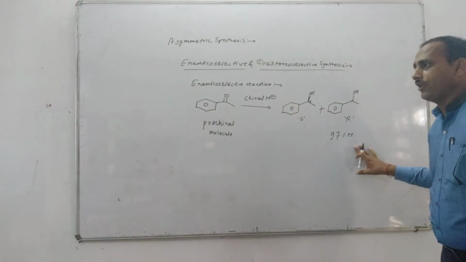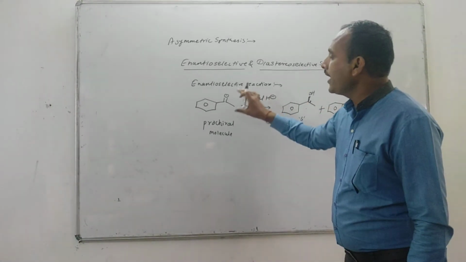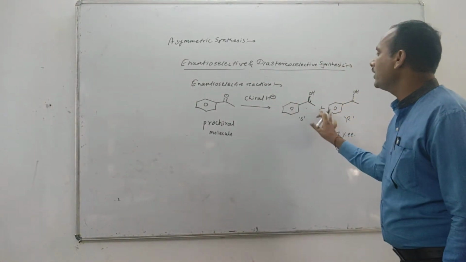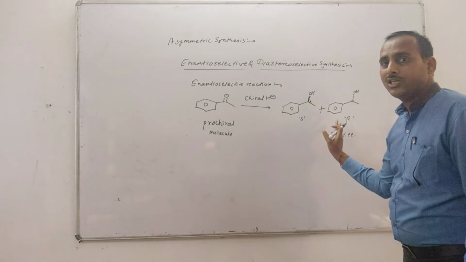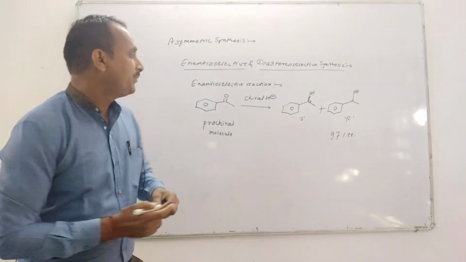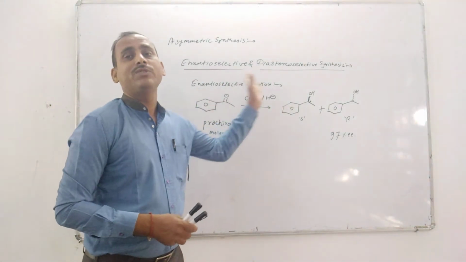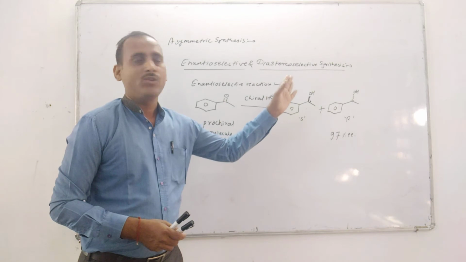During these reactions, two isomers are obtained which are enantiomers of each other, and therefore such a reaction is called enantioselective synthesis.